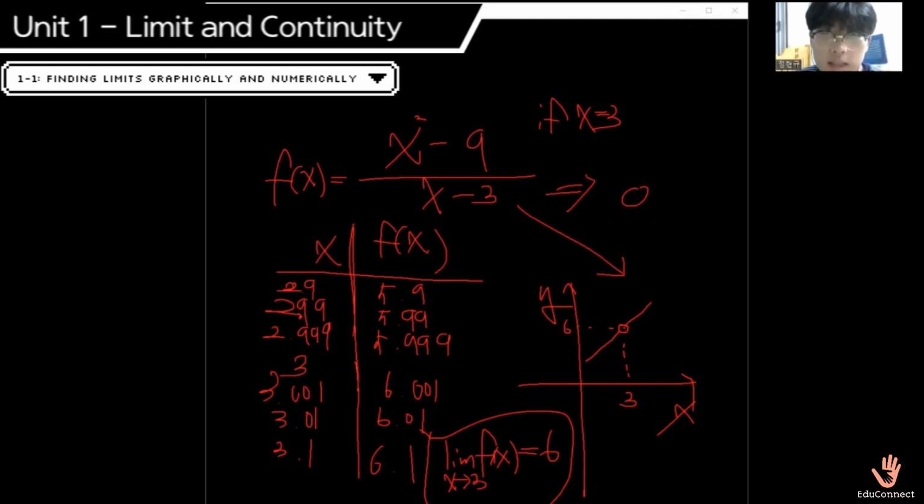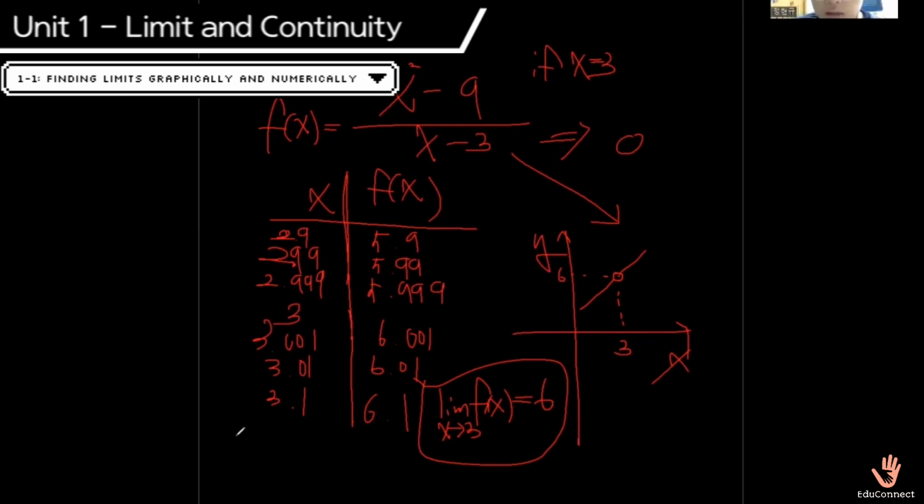So a limit means that if f of x becomes really, really close to a single number, let's call it L, as x approaches a constant c from either side, then we say the limit of f of x as x approaches c is equal to L.